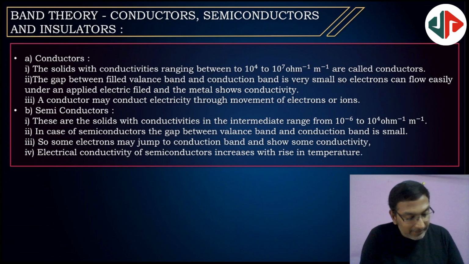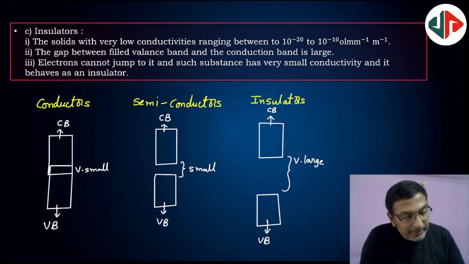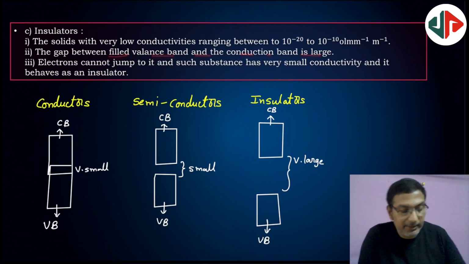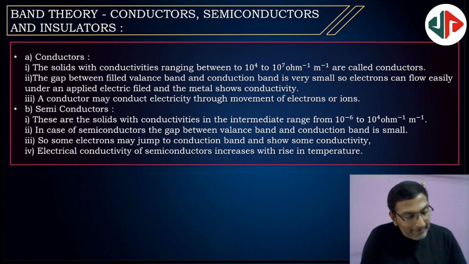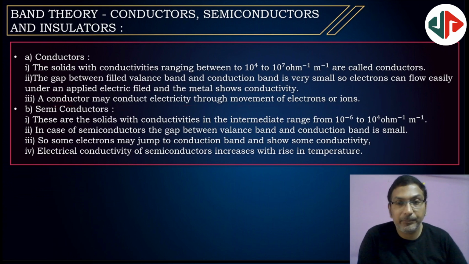Next, semiconductors, gap between valence band and the conduction band is small. While in case of insulators, gap between valence band and conduction band is very large. Next, check these points once again. Here conductance is due to movement of electrons or ions. Next.